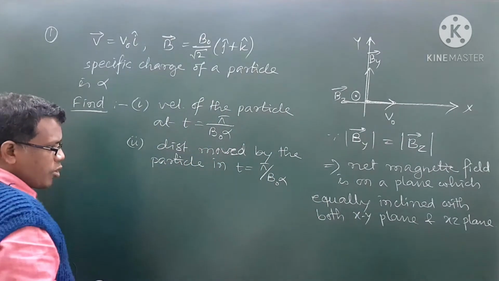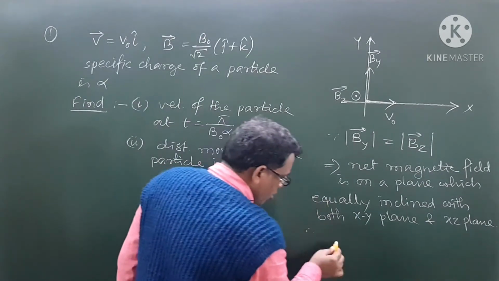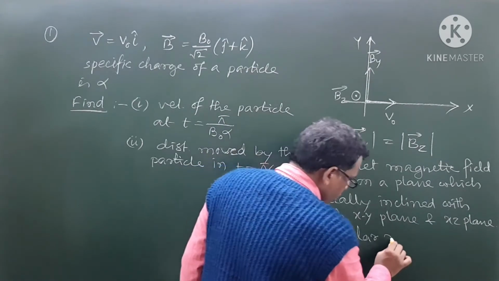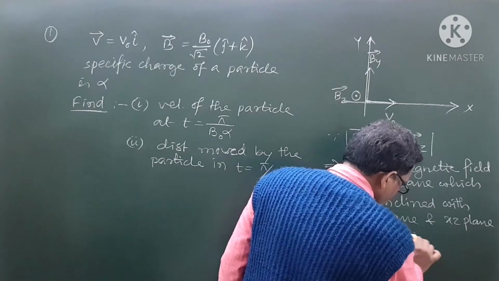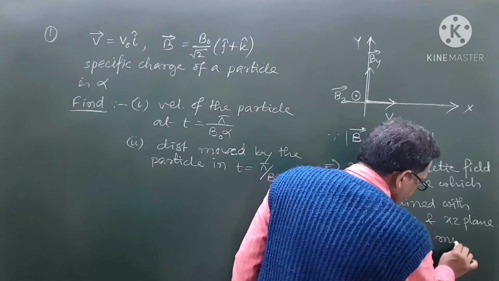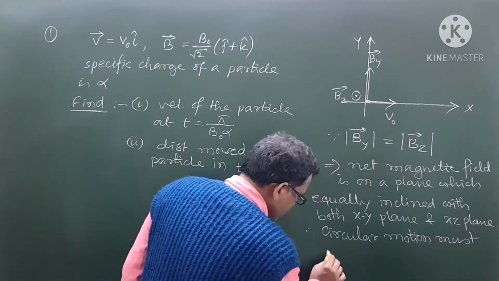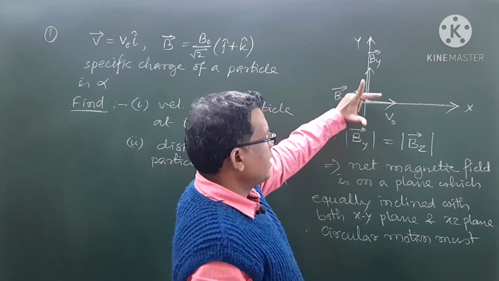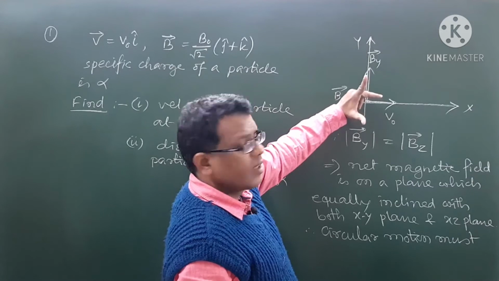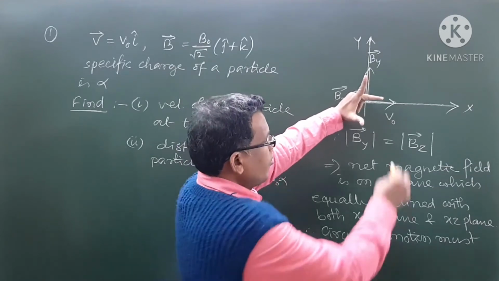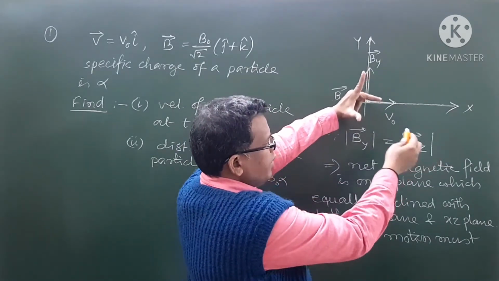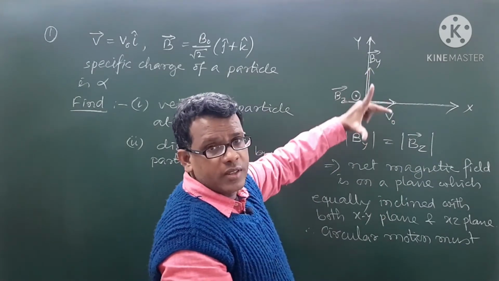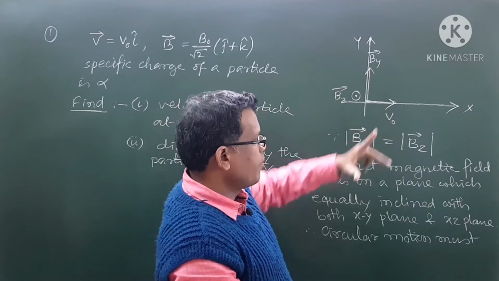So circular motion must be taking place. See, the resultant magnetic field is this way, got my point? The charged particle is moving this way, so the force will appear perpendicular to this.